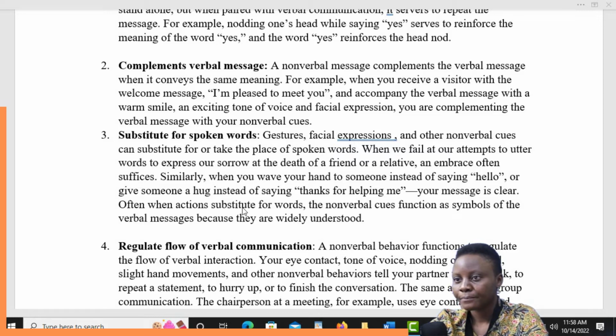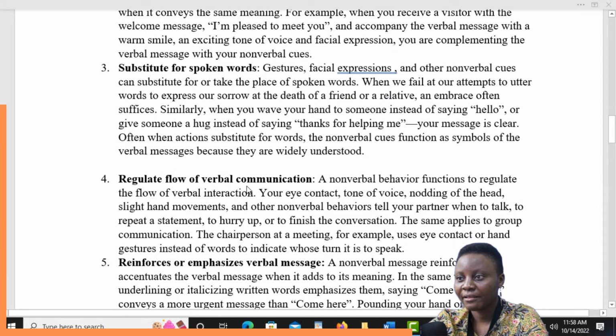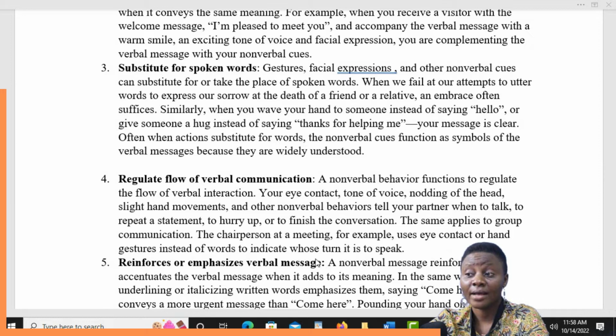And then next we have regulating the flow of verbal communication. How does nonverbal communication regulate verbal communication? We have been given an example here. The chairperson at a meeting, for example, uses eye contact or gestures instead of words to indicate whose turn it is to speak. So you might be in a meeting and maybe you are the chairperson. Instead of shouting everyone's name when it's their turn to speak, sometimes you can just use gestures.